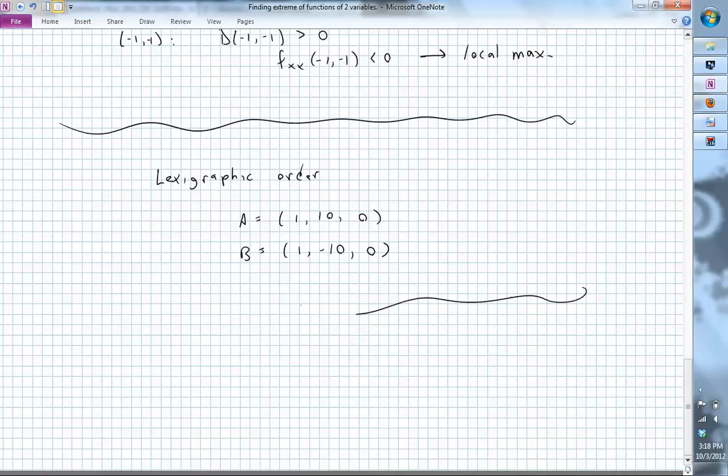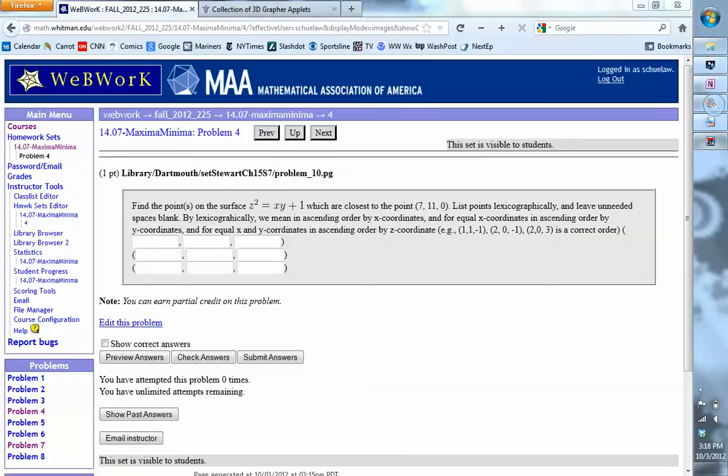All right, let's look at the actual problem now that we understand how to enter the data. Find the points on the surface z squared equals xy plus 1, which are closest to the point 7, 11, 0. So when you see a word like closest, what you're being asked to do is minimize something.